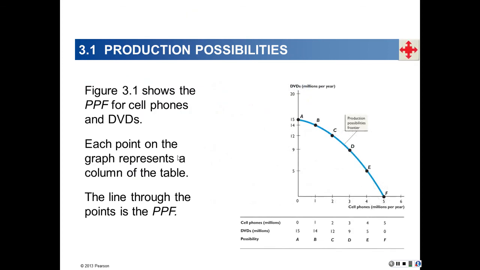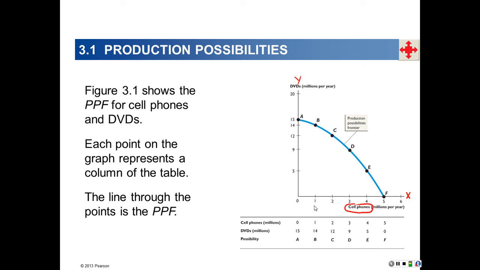This is what the production possibilities frontier looks like. Let's focus on that diagram. Now, in this diagram, physical units of goods are being measured along the two axes. This here, of course, is called the x-axis, and this is called the y-axis, correct? So what are we measuring along the x-axis? We're measuring physical quantities of cell phones in millions, right?